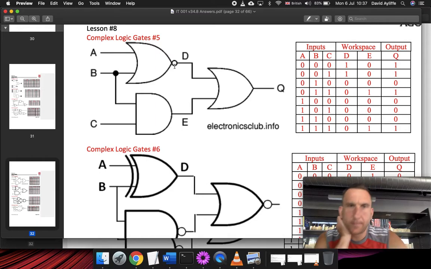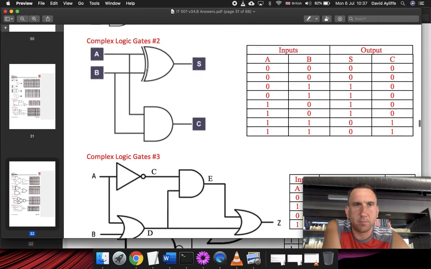Okay, so D is A NOR B. Let me check this symbol.